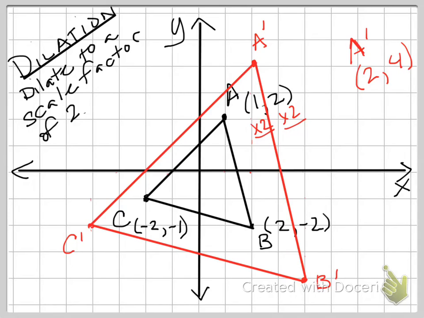The coordinates for A prime are 2, 4. For B prime, 4, negative 4. And for C prime, negative 4, negative 2.